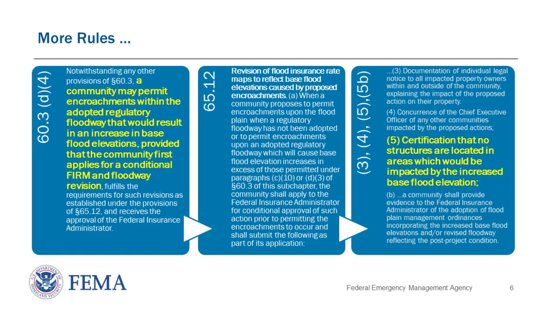You do need to get concurrence from the community. And so your first step in any process where you're doing this work is to get a floodplain development permit from the community. And then you also need to make sure that any increase that is occurring is not going to impact a structure.